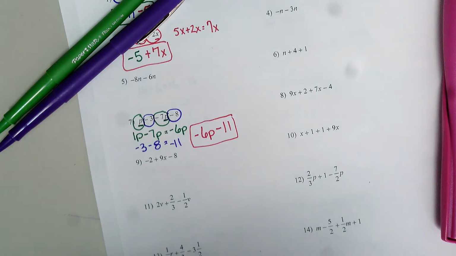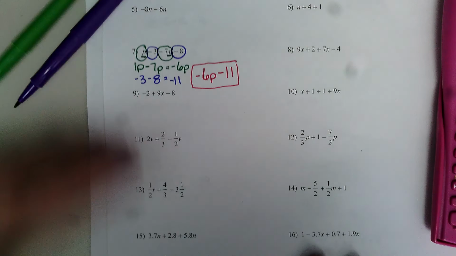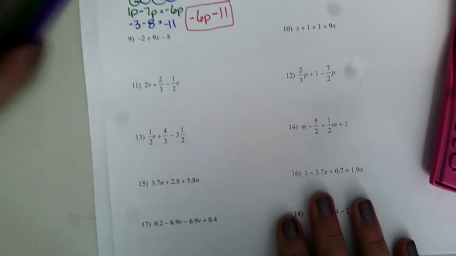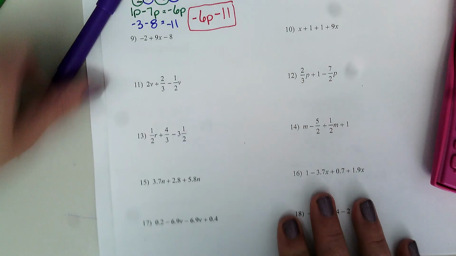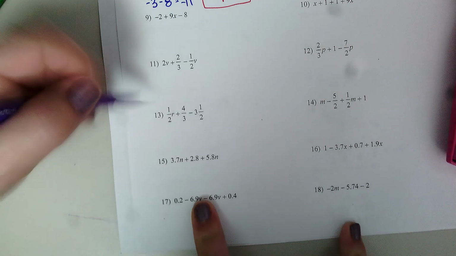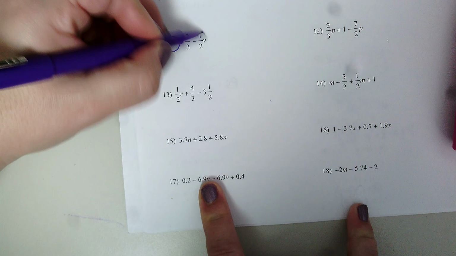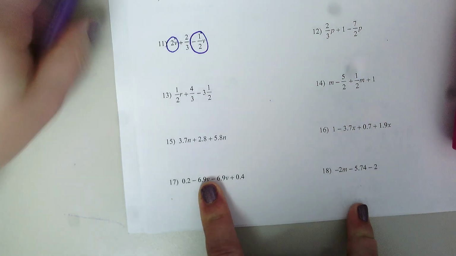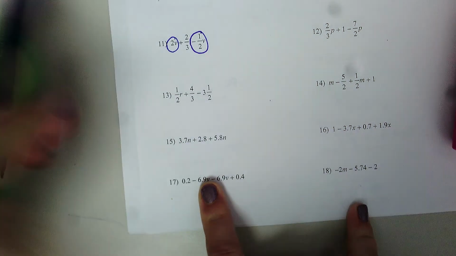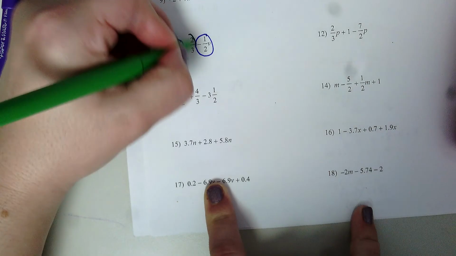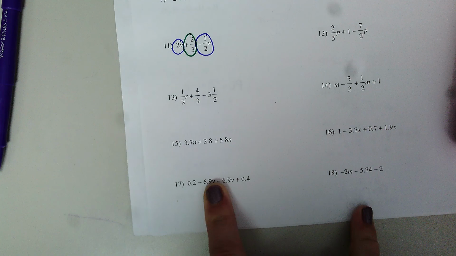Okay. Now, if you have to do fractions or decimals, don't let them freak you out. It's the same thing. So I would look at this one and I would say, okay, let's look at this one here. 2V and -1/2 V. Okay. And then I have a positive 2/3 V that doesn't have a partner.